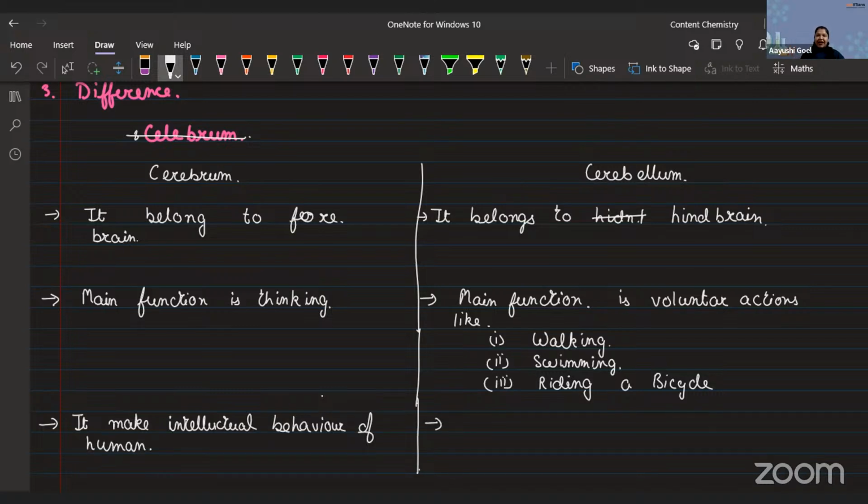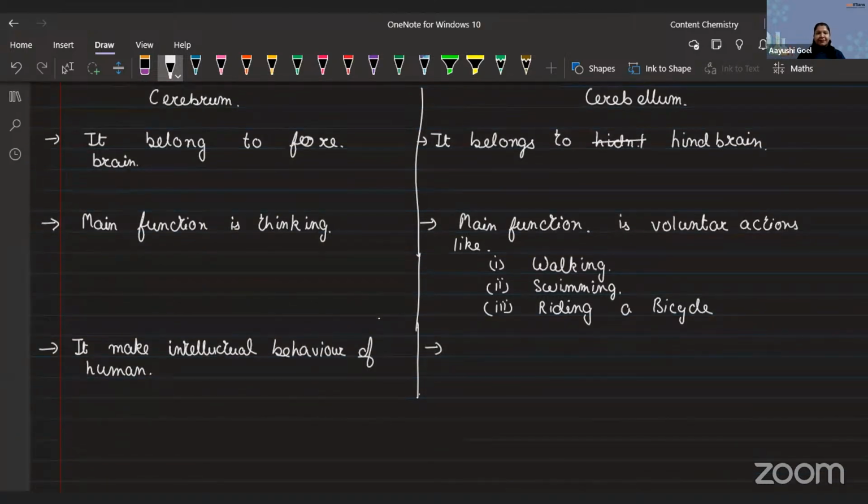And here I can write, it maintains the posture of the body. Got it? So it's a simple way. Now I'll have a 3 mark question, 3 points, so I'll get full marks. So if you don't know any point, try to make it. You can make any point whatever you want by writing like this.